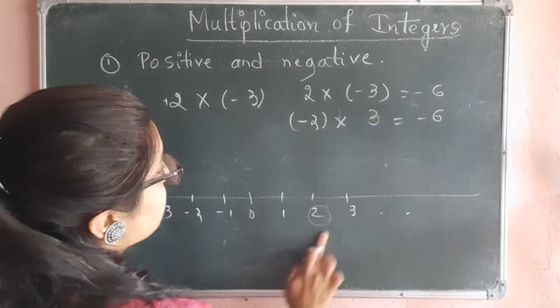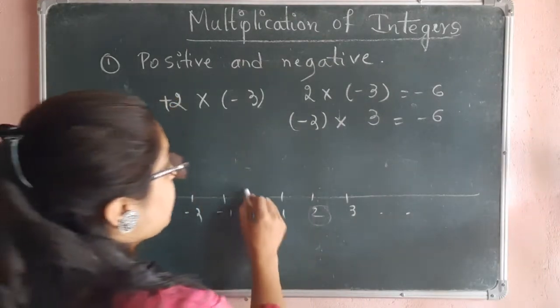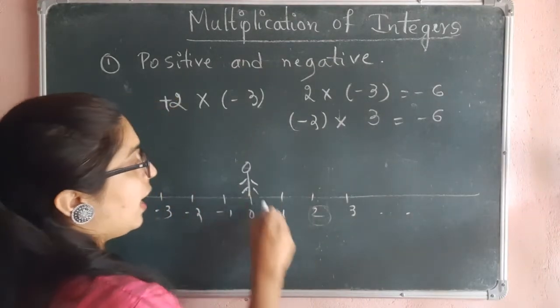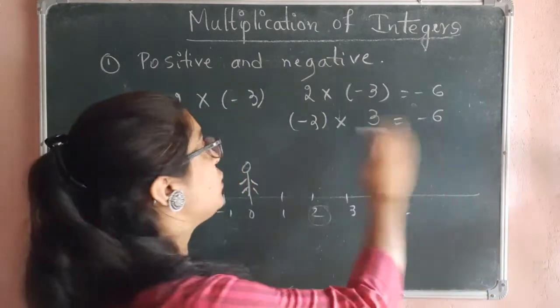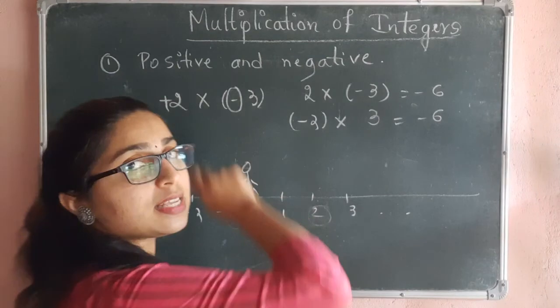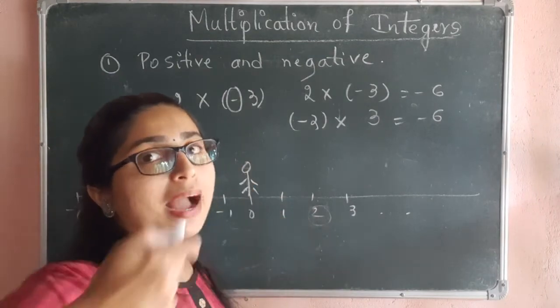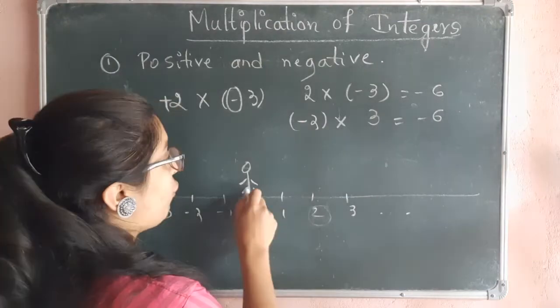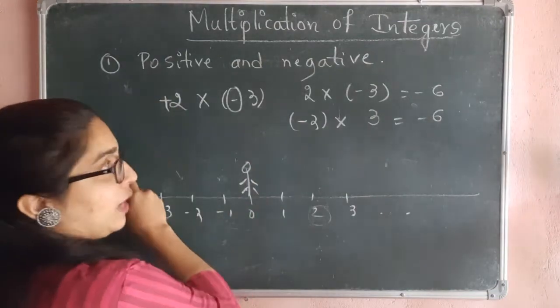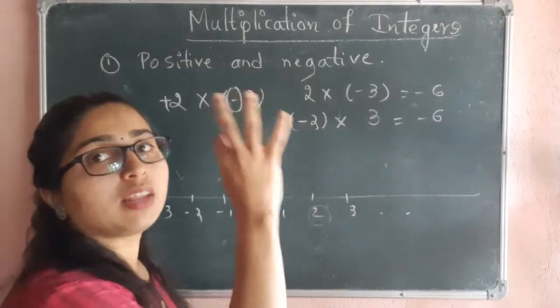So here the sign is positive. That means I am standing at 0 and I am facing to the right, towards the positive integers. But now the sign is negative. That means backwards. Negative means backwards. Jump backwards. So from here I will be jumping backwards. So how many times? 3 times.